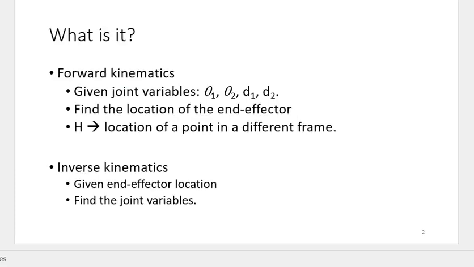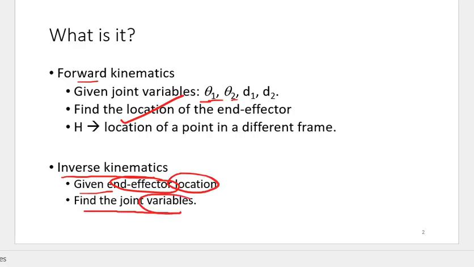What is it? Forward kinematics we have seen before. We denoted theta 1 to d 1 to find out this way. Now in inverse kinematics, given the end-effector location, find the joint variables.